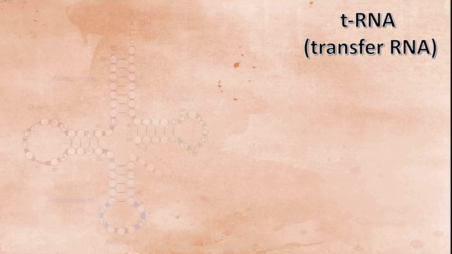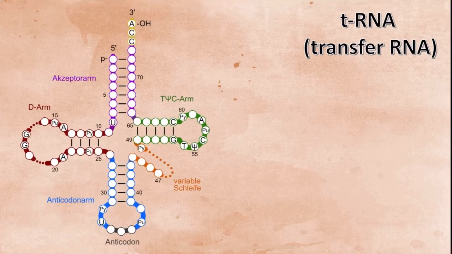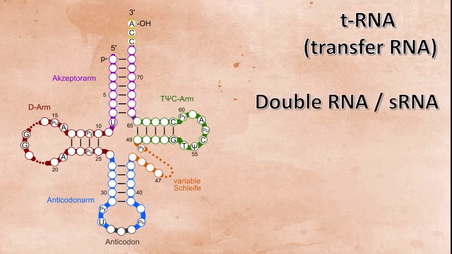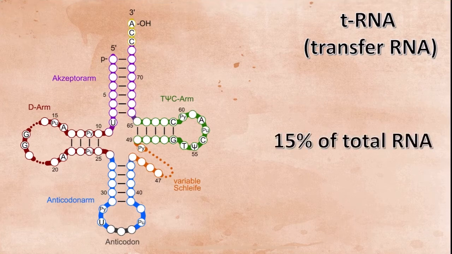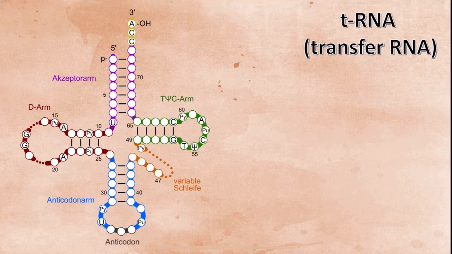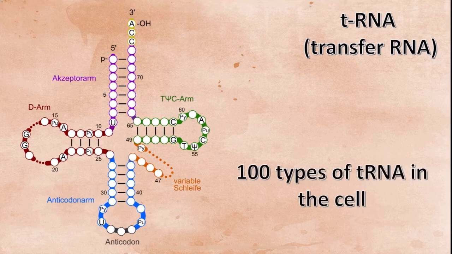Let's go further to the tRNA structure, that is transfer RNA. It looks like a complex loop-forming structure, which is also known as soluble RNA or sRNA. It is about 50% of the RNA in the whole cell of the body, and hundreds of types are there in the cell.